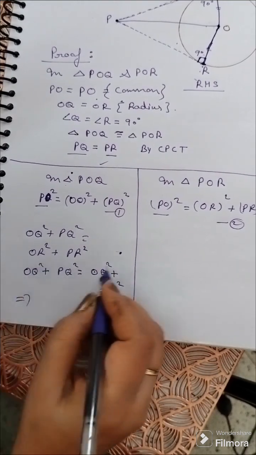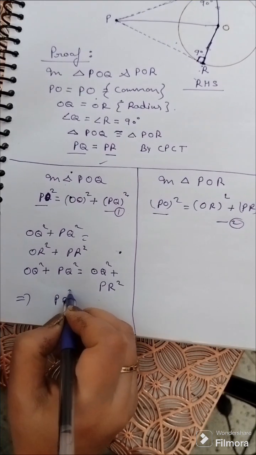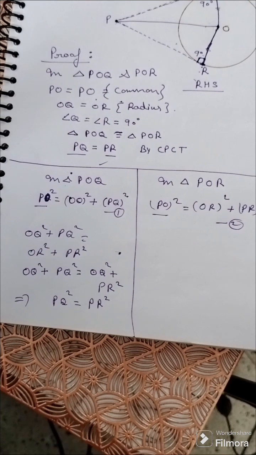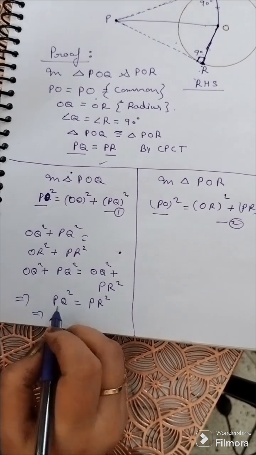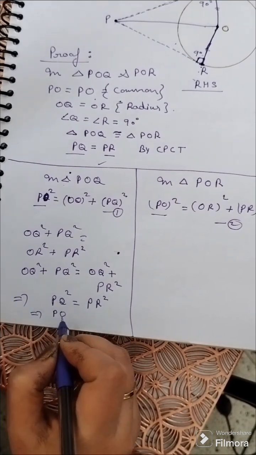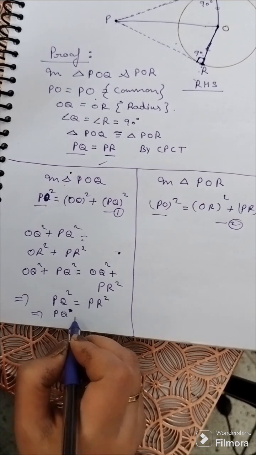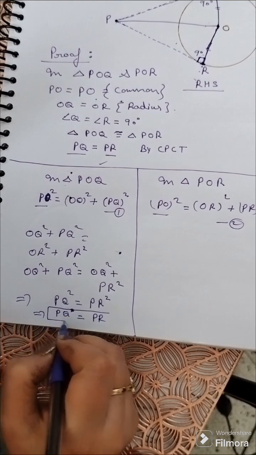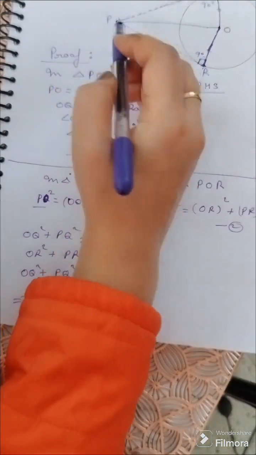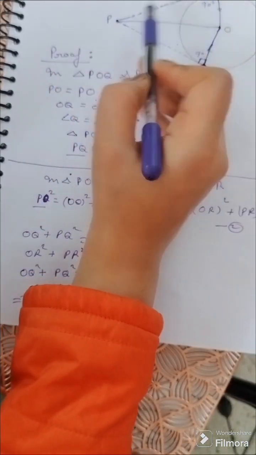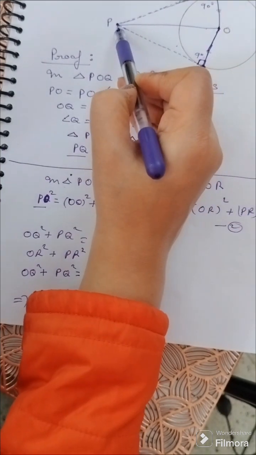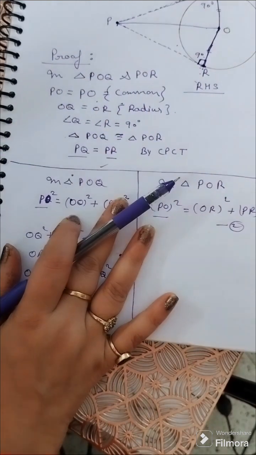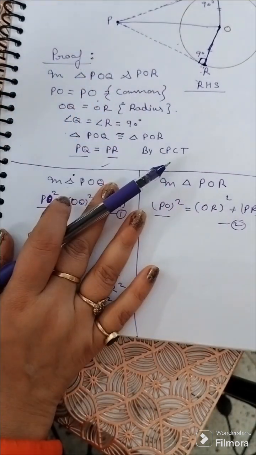By cancelling it, we can say PQ square is equal to PR square, which implies PQ is equal to PR. This is what we wanted to prove, that the lengths of the tangents drawn from an external point to the circle are equal. I hope you understood both the methods.